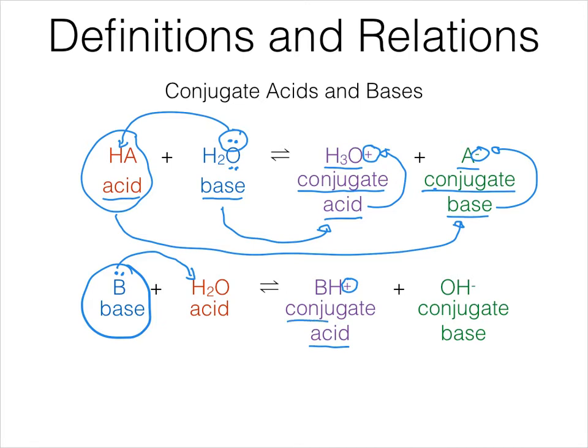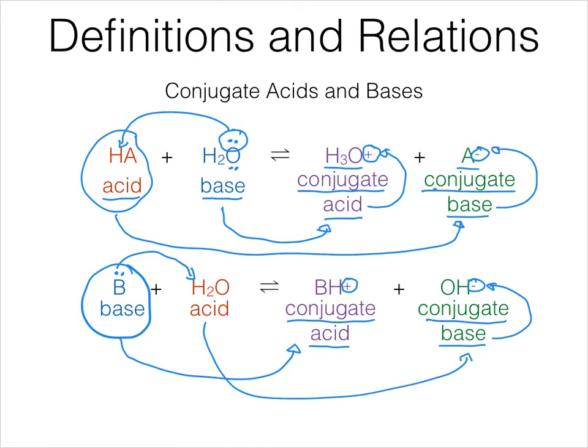This is the conjugate acid because it formed from the base reacting with the acid. And likewise, the hydroxide is the conjugate base, minus signs, and bases correlate. It is what formed when the water, in this case acting as the acid, lost its proton.